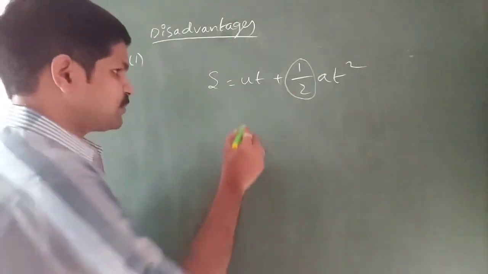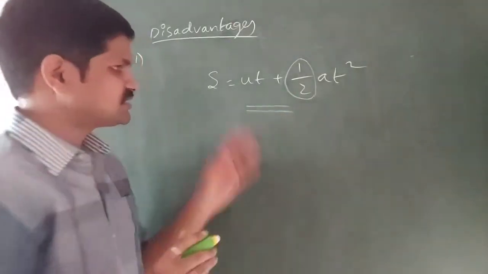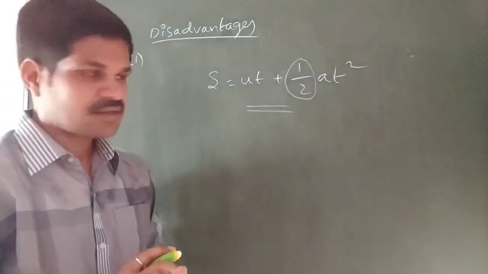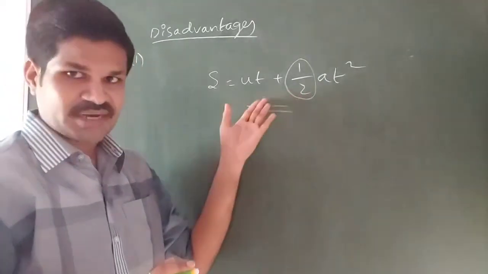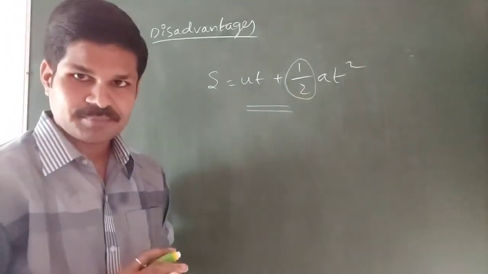And thirdly, if you see this type of relation, S is equal to ut plus half at square, it contains additive terms, right? So ut plus half at square.